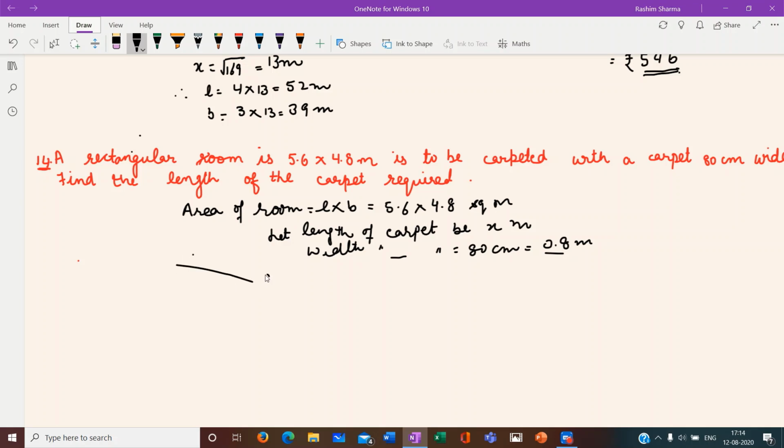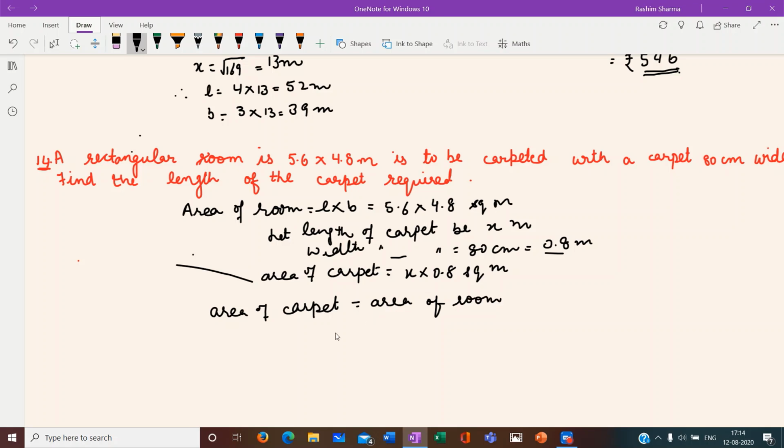Now the area of the carpet will be equal to x into 0.8 square meter. As the whole room is to be carpeted, the area of the carpet should be equal to the area of the room. So we will equate them. It is x into 0.8 is equal to 5.6 into 4.8.